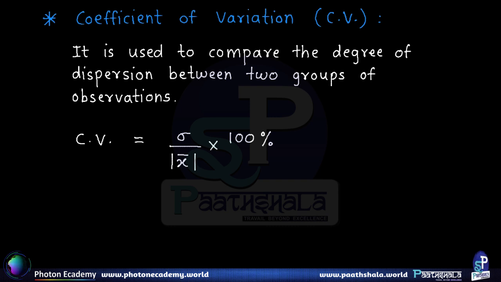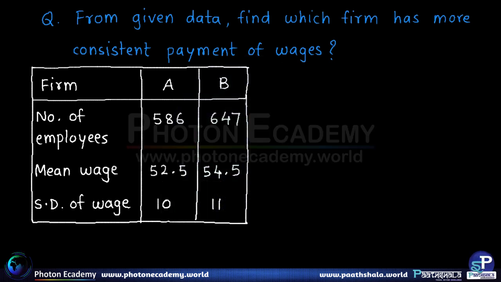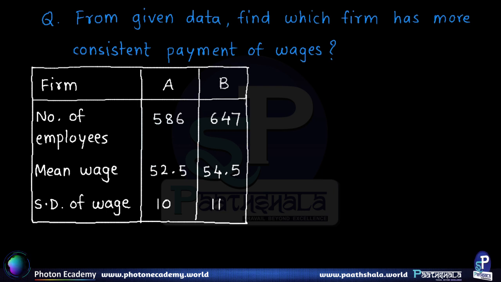Now let us solve one example based on this so that it will be clear. From the given data, find which firm has more consistent payment of wages. So if you see here, we are given a table of information in two firms, A and B. We are given the number of employees, the mean wage, and the standard deviation of wage for both of the companies.